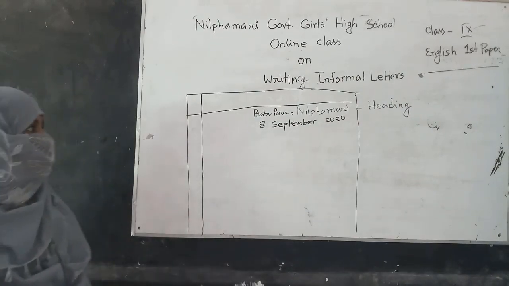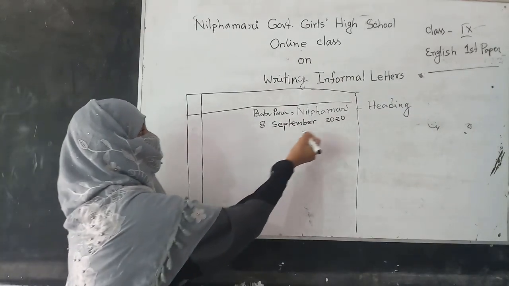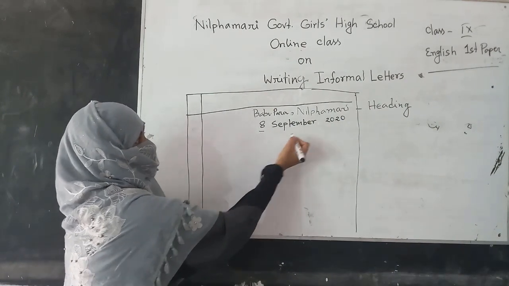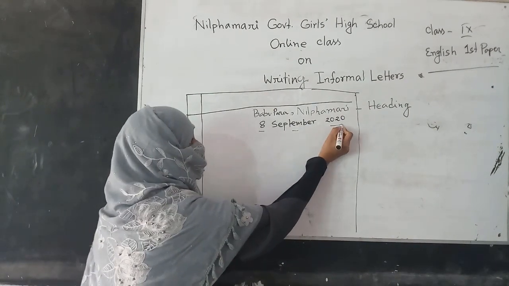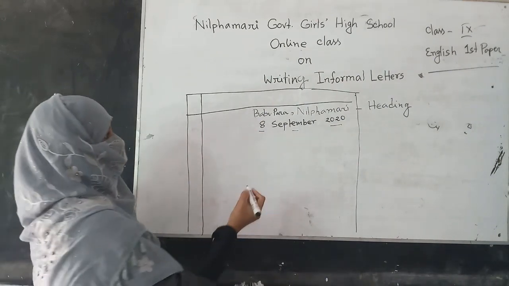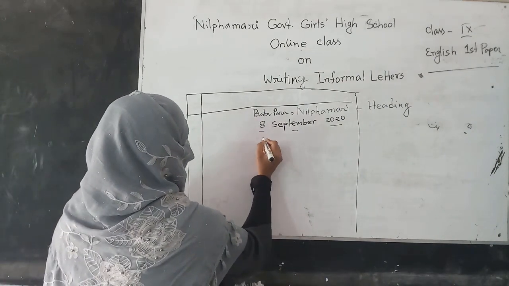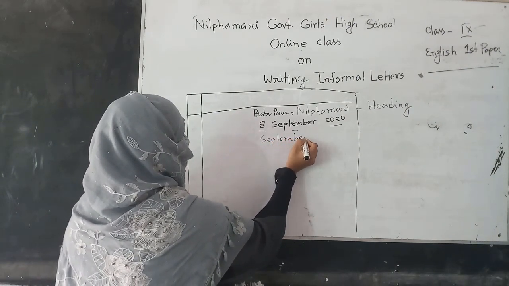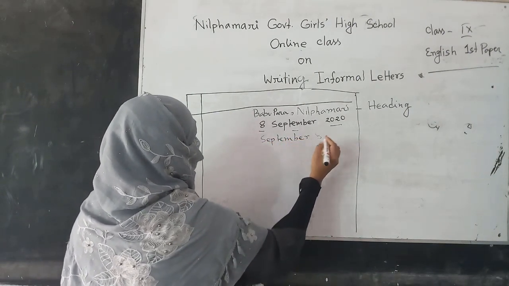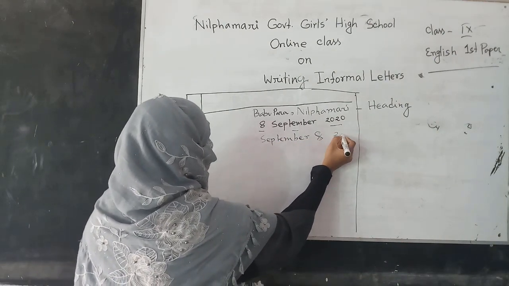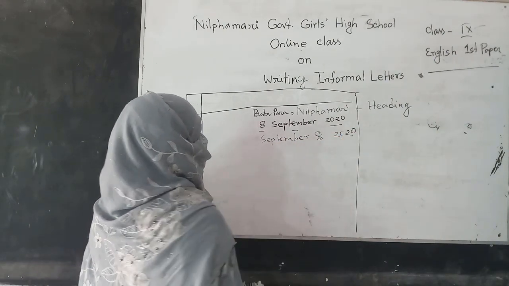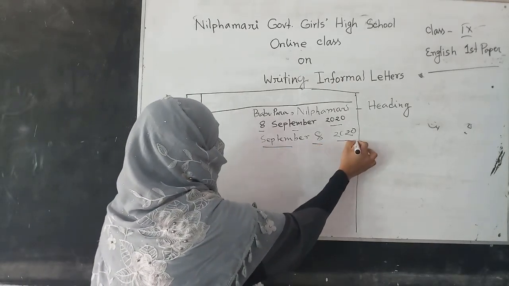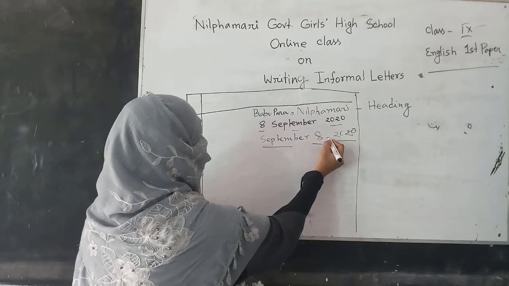In heading, you have to be careful in writing the date here. Look, I have written the date first, then the month, and after that the year. You have to be careful here. If you write like this, that is month, date and year, then you have to put a comma here.